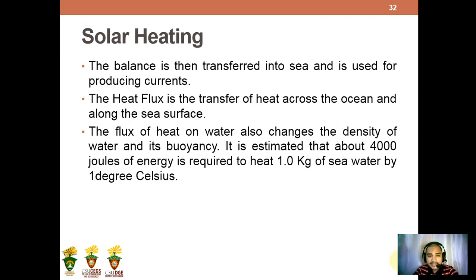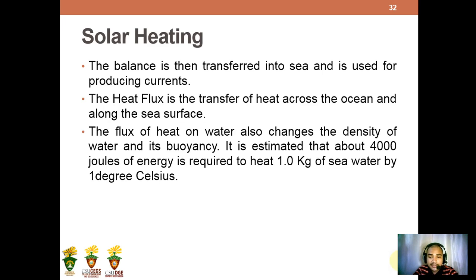The balance is then transferred into the sea and is used for producing currents. The heat flux is the transfer of heat across the ocean and along the sea surface. And the flux of heat on the water also changes the density of the water and its buoyancy.